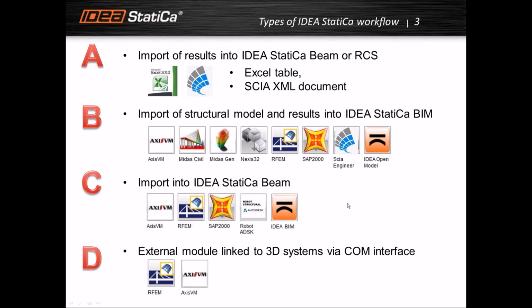In case that you have some program, for example, Robot Structural Analysis which doesn't have construction stages and prestressing, you can click on the beam and export it directly into IDEA StatiCa BIM and continue with these sophisticated features and design of the beam.